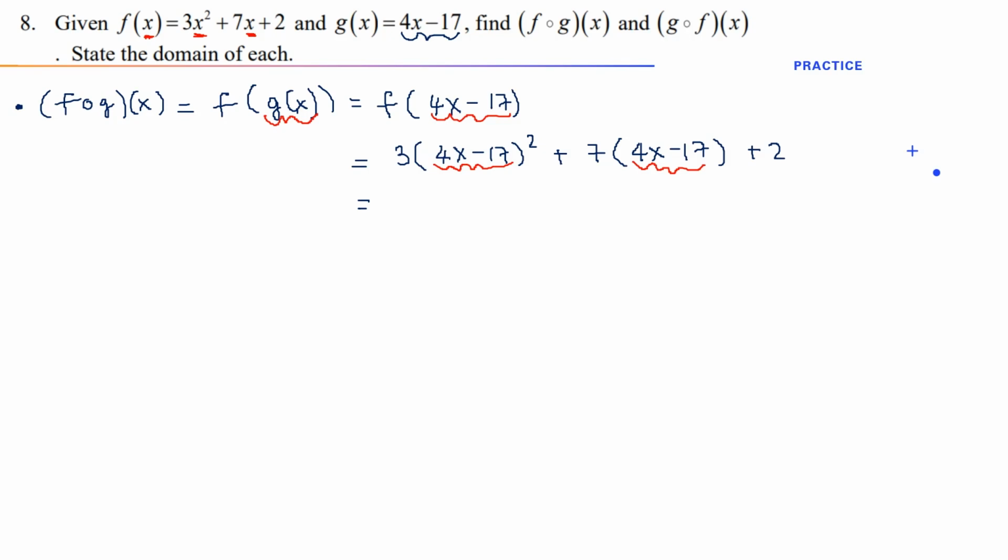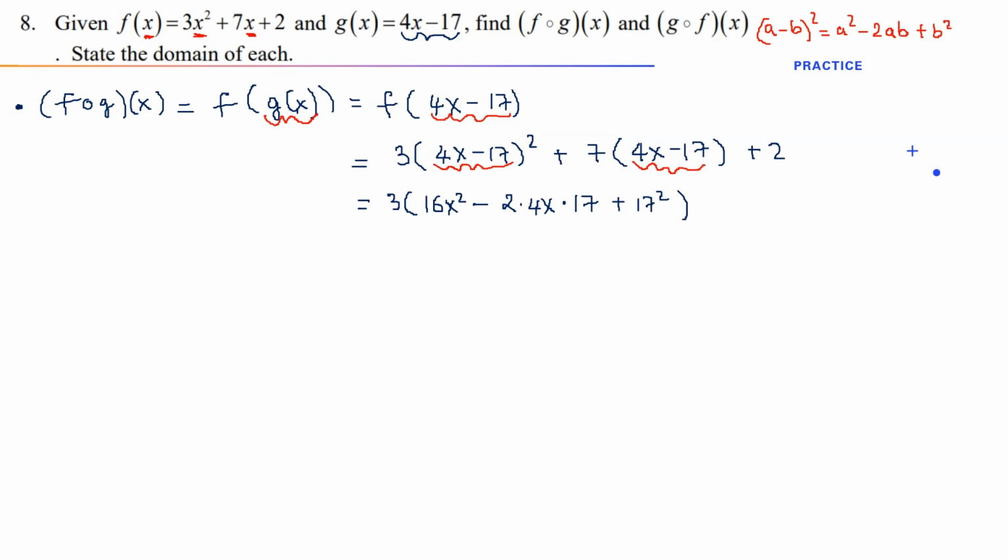That equals 3 times 16x squared minus 2 times 4x times 17 plus 17 squared. Remember that is (a minus b) squared, which is a squared minus 2ab plus b squared.